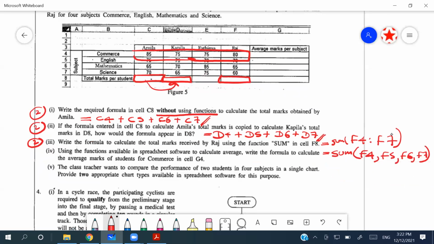We have to say equals average, then you have to give the correct range, right? So commerce, as I give, like C4 colon F4. Right, so if you got it correctly, you got 2 marks.